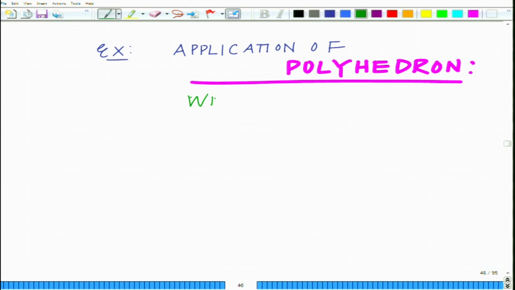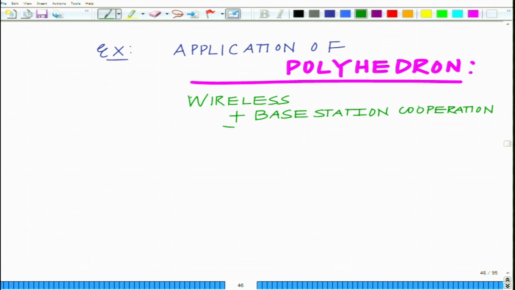So, again once again looking at a wireless base station cooperation, also known as coordinated multi-point. So, base station cooperation.